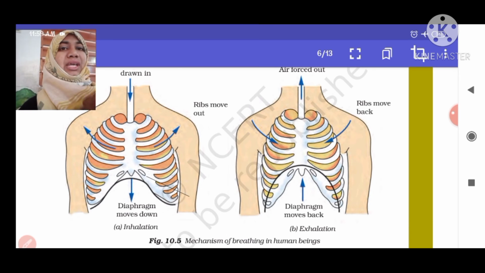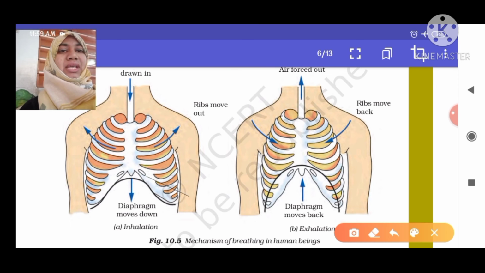How you took the air in from the nostril, nasal cavity, windpipe to the bronchi, then the lungs, in a similar way it comes out from the bronchi, from the windpipe through the nasal cavity, then to the nostril, and finally outside the body, that is the atmosphere. When relaxation is taking place, that is exhalation.